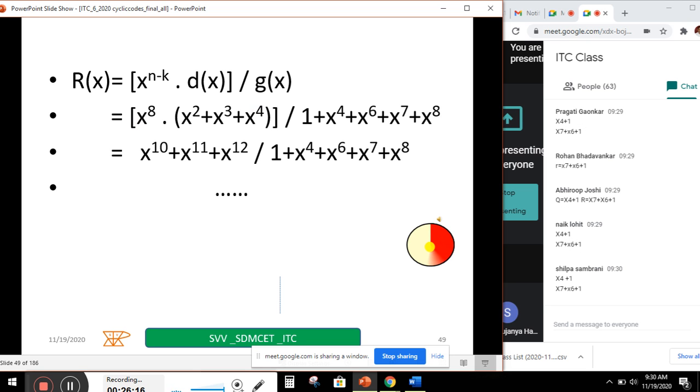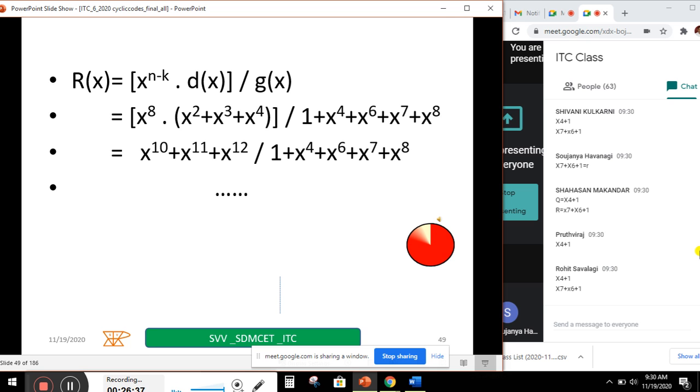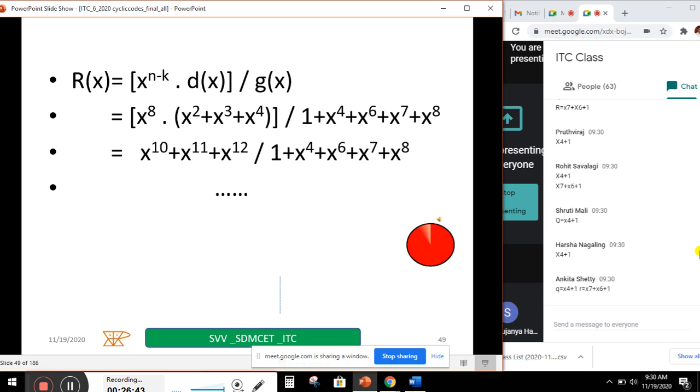Shilpa got the same answer. Some students are not typing at all, that shows they are offline. Janya got the same answer. Shahasan got the same answer. Rohit, Prithviraj is typing. Harsha and Ankita Shetty are getting the same answer. Monika, I think she's not getting the answer.